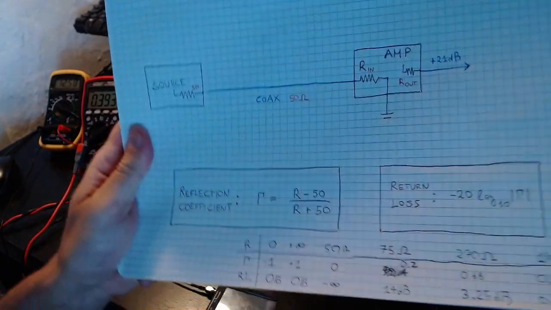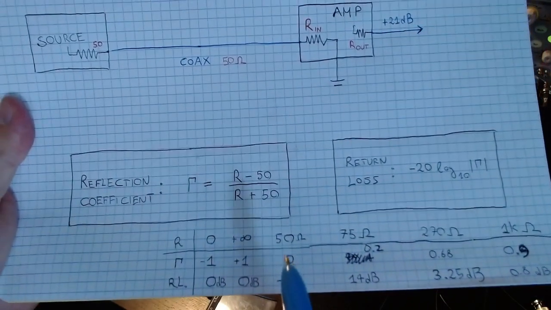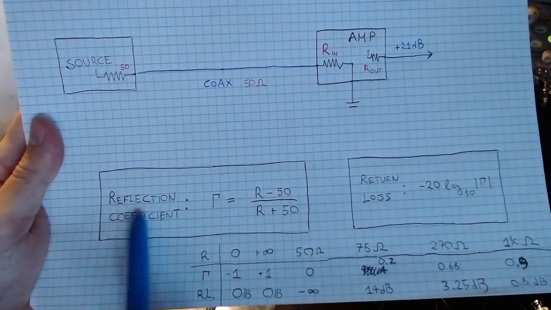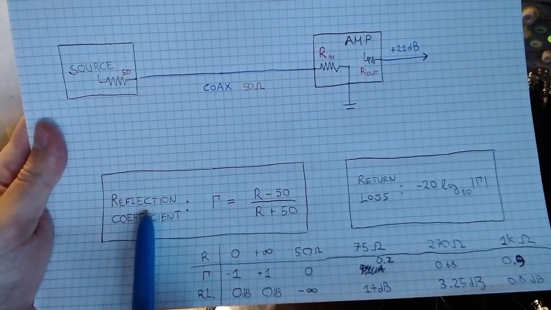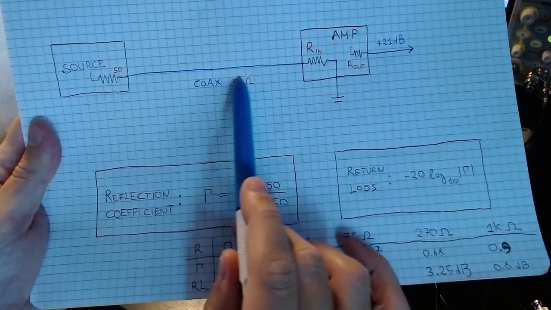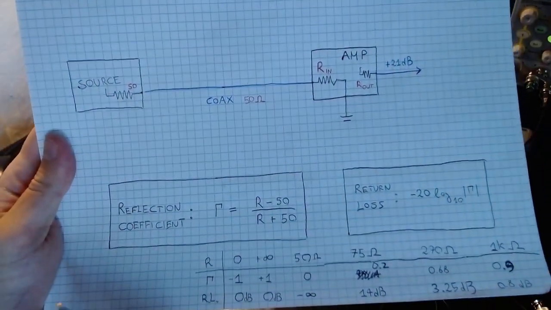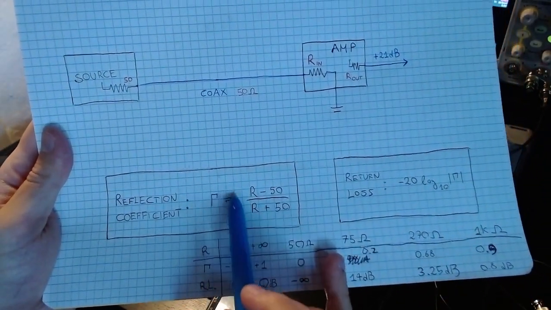And to calculate the reflection, there is just some simple mathematical formula. There is a reflection coefficient that basically tells you the percentage of the stuff that is going inside the amp that will be reflected back, okay? And this percentage is this gamma here.